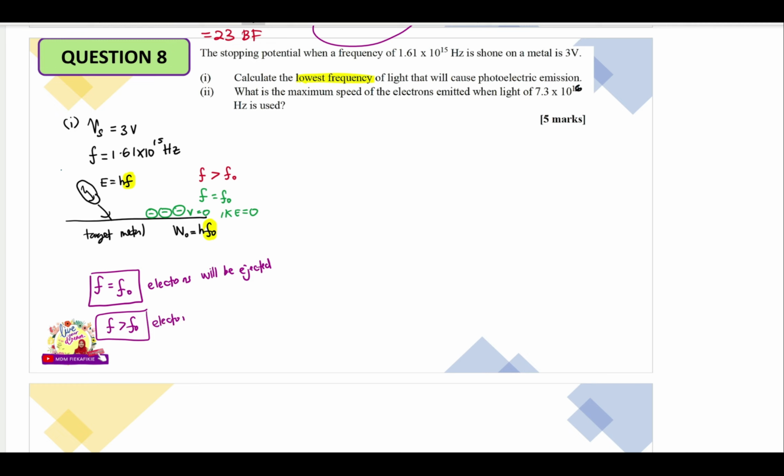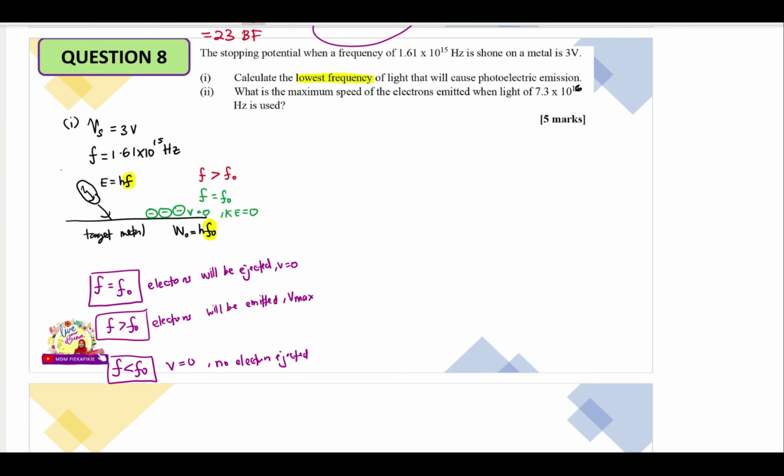Akan ada photoelectrons emit ataupun electrons will be emitted. Okay, kalau ejected, V is equal to 0. Yang ni kita boleh kira V dia berapa. Okay, tapi kalau F lagi kecil daripada F0, nothing happens. Okay, V is equal to 0. Okay, no electron ejected or emitted. Okay, nothing happen.